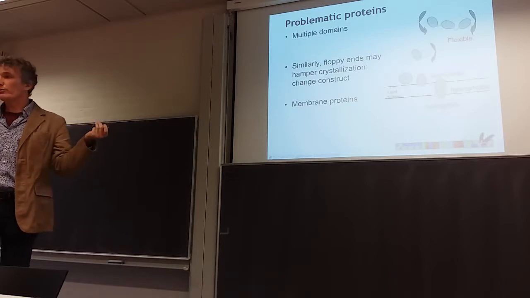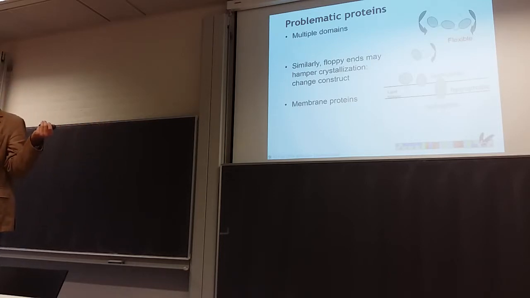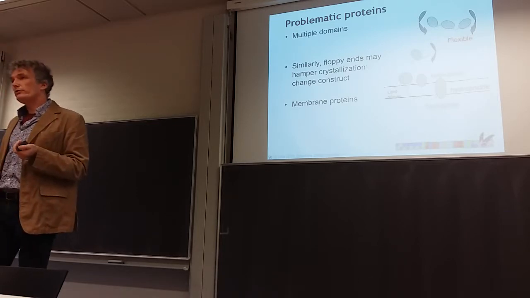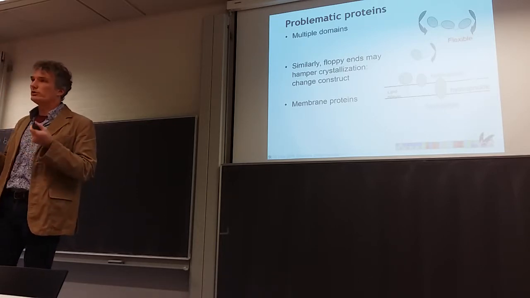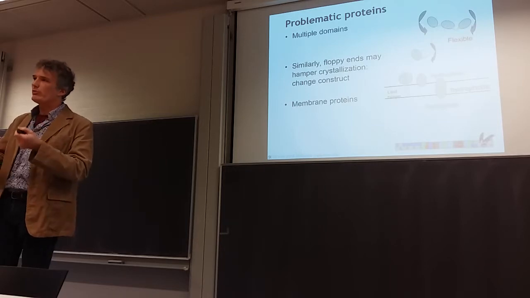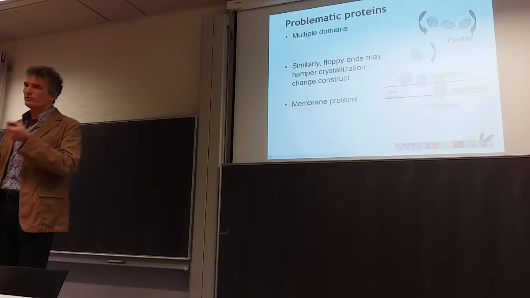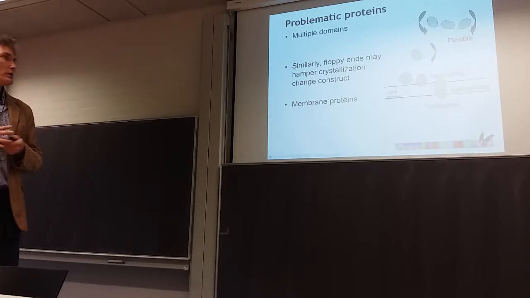So if you take them out of the membrane, then they'll aggregate. The other problem is that usually the structure of these proteins is only stable when it's in the membrane. So if you take it out of the membrane, you get a different structure, or it's not stable at all, so it won't even crystallize.